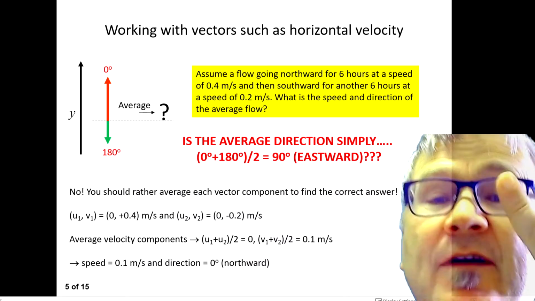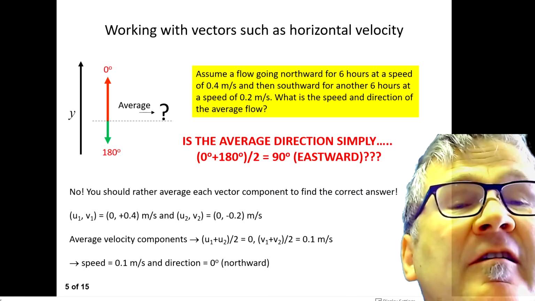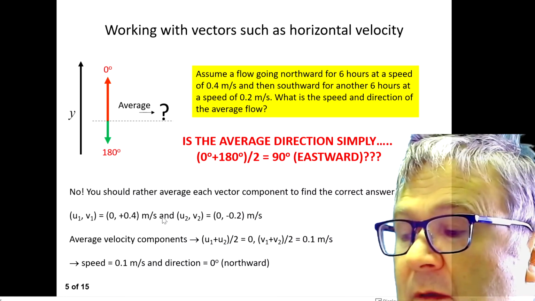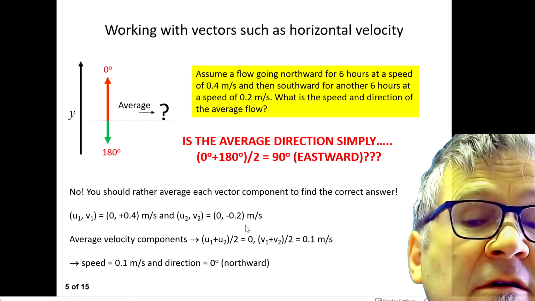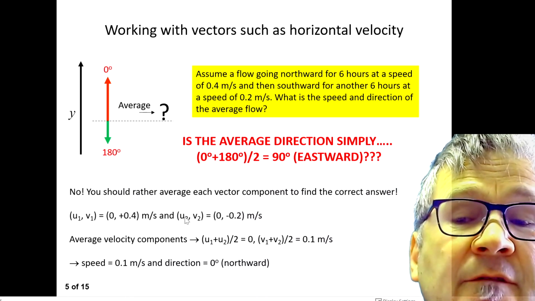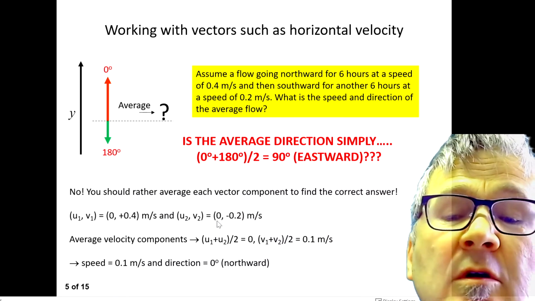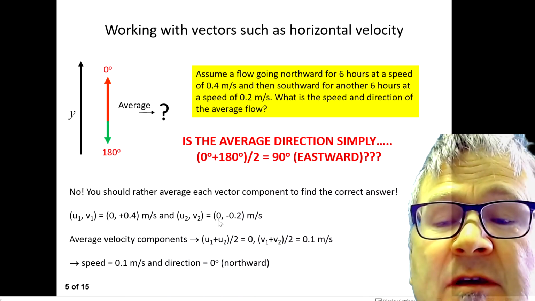So you have these two vectors, where u1 and v1 are the vector components of the first vector, which is written here, the first bit. And the second bit gives you the second vector. You can see that the x component, the u, is always 0 because there is no flow to the east or to the west.